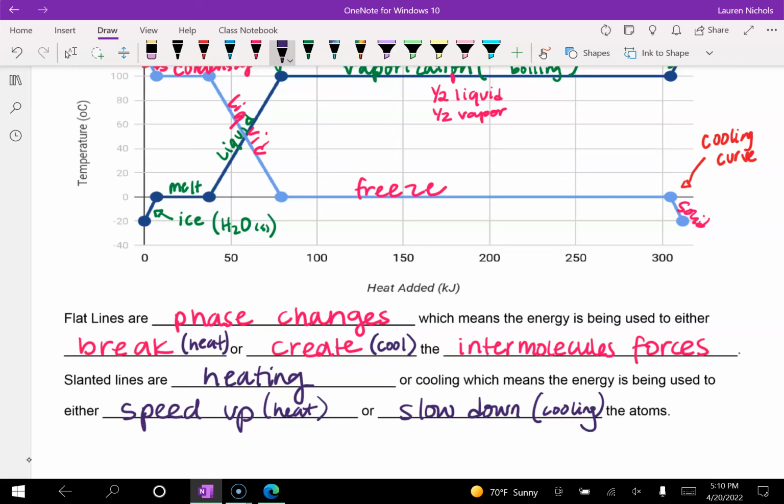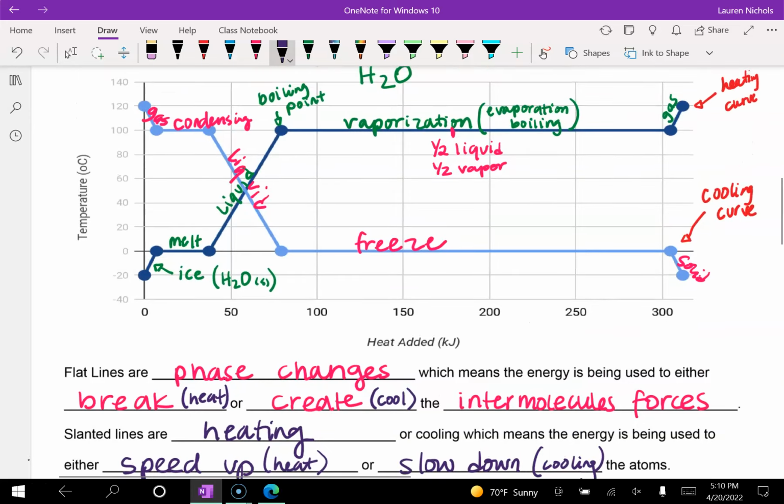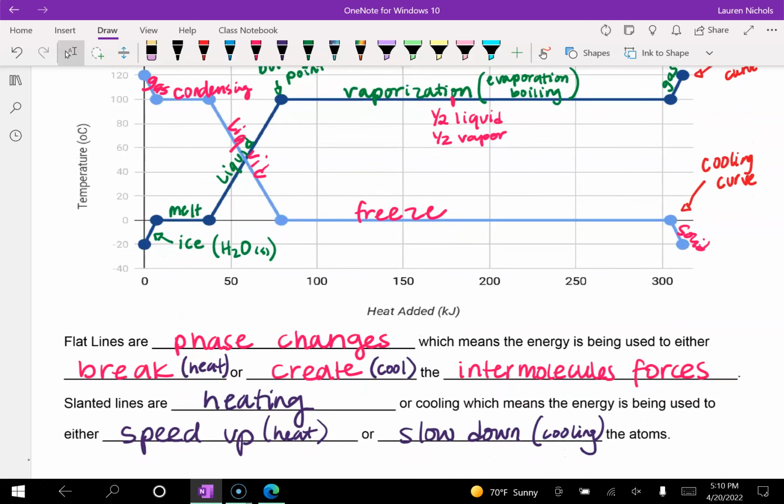So energy is used for one of two things. It's either being used to break or create the intermolecular forces, or it's being used to speed up or slow down the atoms.